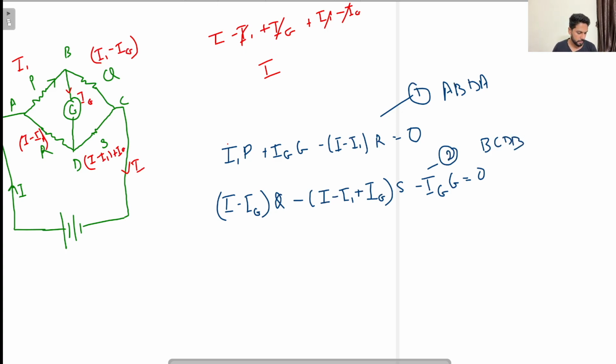Now I've got two equations. One is for loop ABDA, equation number 1, and the other is for loop BCDB, equation number 2. If I want to find out the condition for balancing, put the Ig value 0.